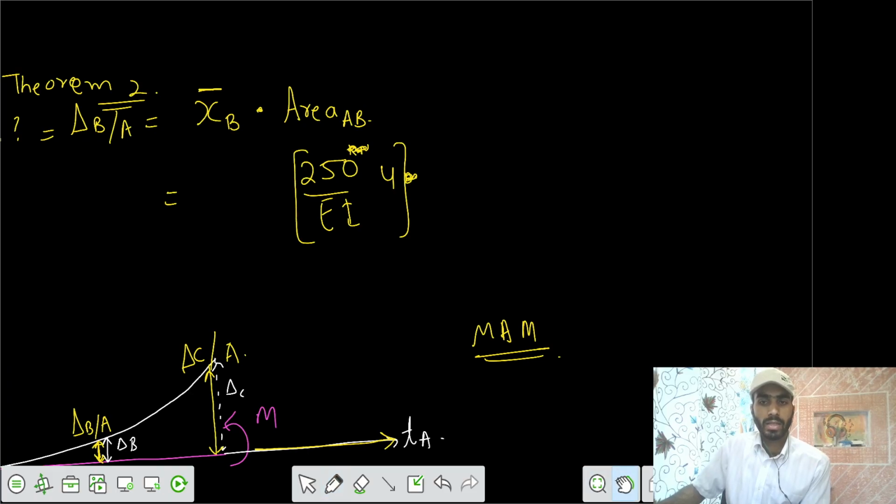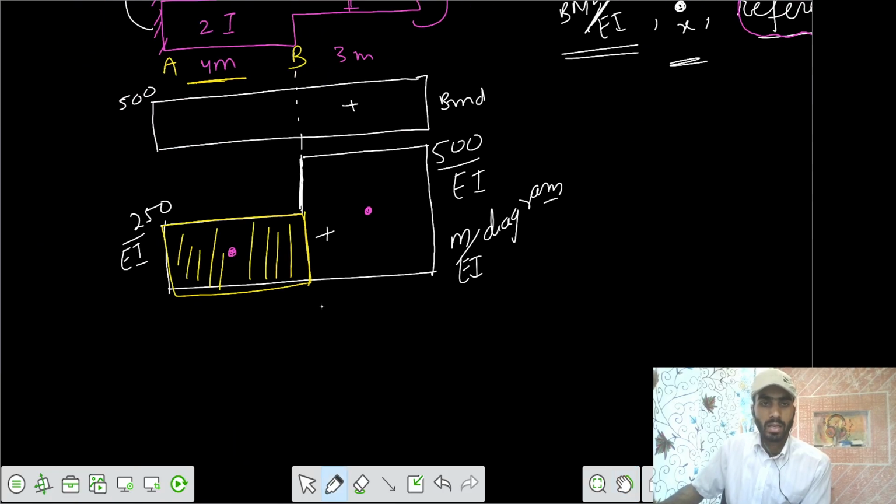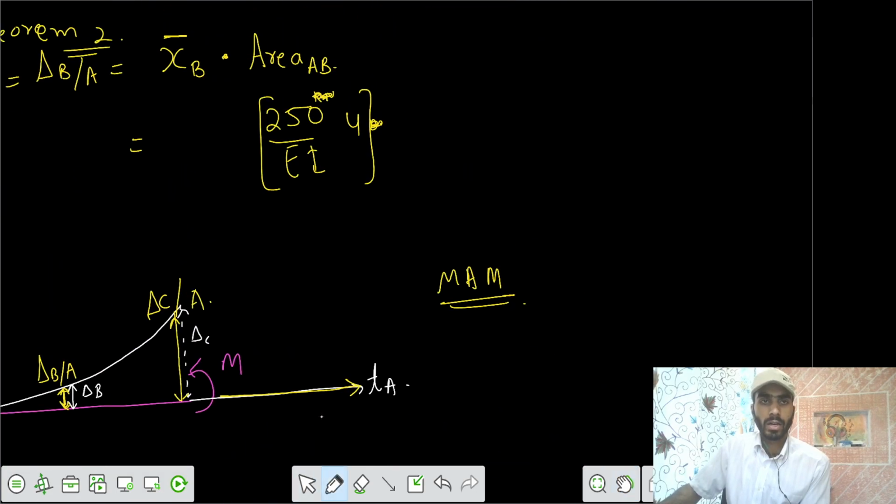What should be the centroidal value? That xb means the centroidal distance of the area about the point B. That equals 4 by 2, that's 2 meter. So finally you can calculate that.